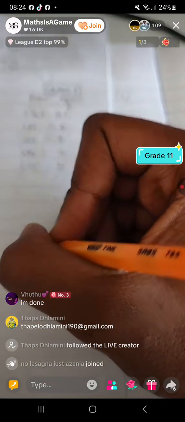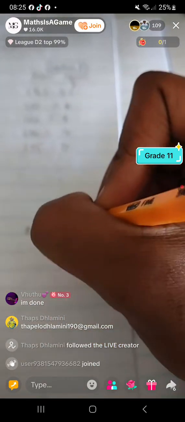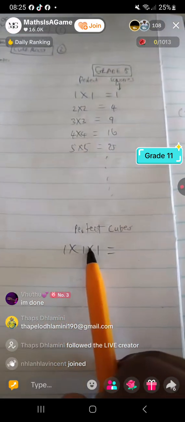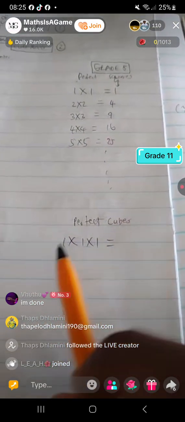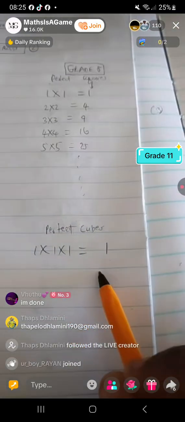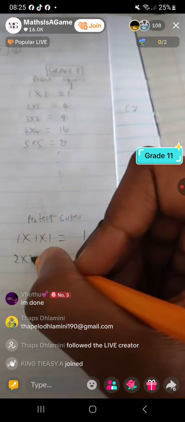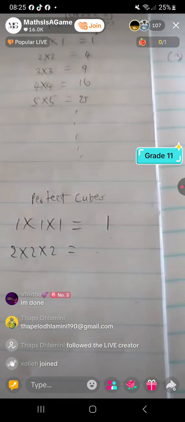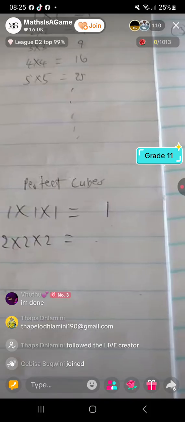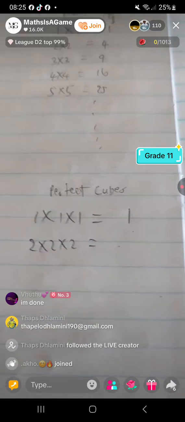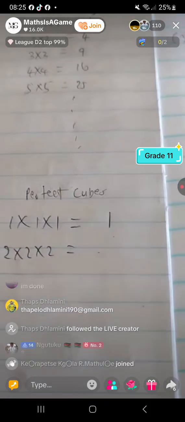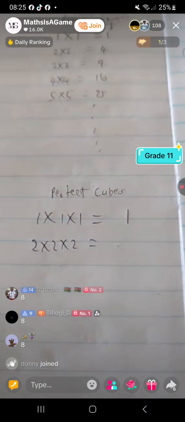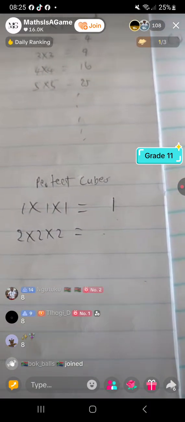Those are perfect squares. Perfect cubes, on the other hand, if you multiply a number by itself this many times, then what you get as an answer is a perfect cube. What is 2 times 2 times 2? I want to just ask this, and then I hope you will have gotten the point, the difference between a perfect square number and a perfect cube.